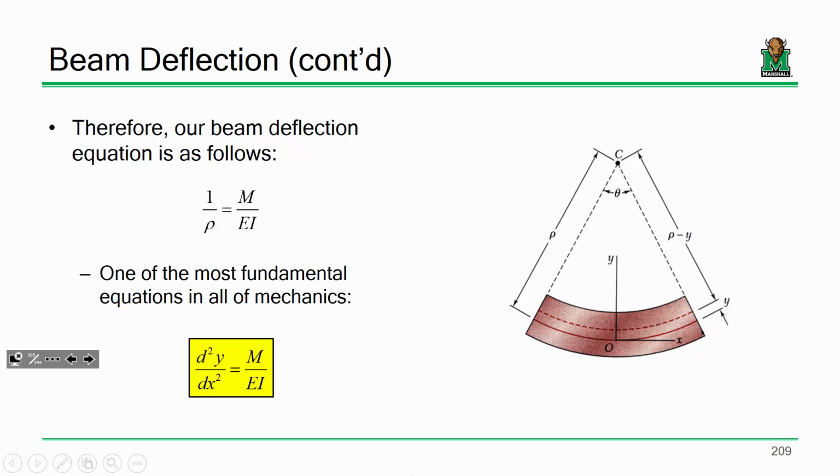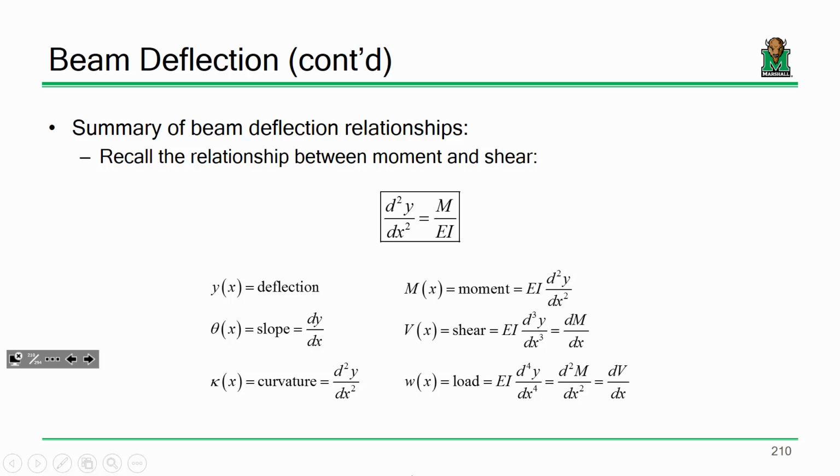The reason why is because you can use this expression to relate loads all the way back to deflection, through a relationship between load and shear, between shear and moment, between moment and curvature, between curvature and slope and deflection. You can connect the dots, hip bone connected to the leg bone, all the way from beginning to end. So it's a really fundamental expression that ties everything together.